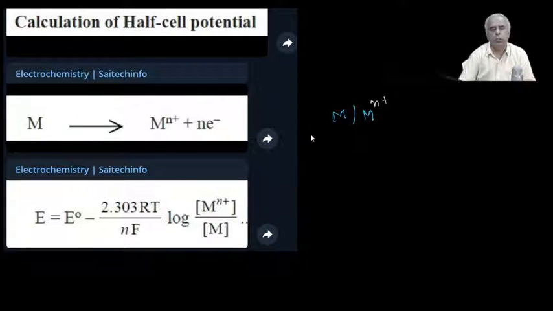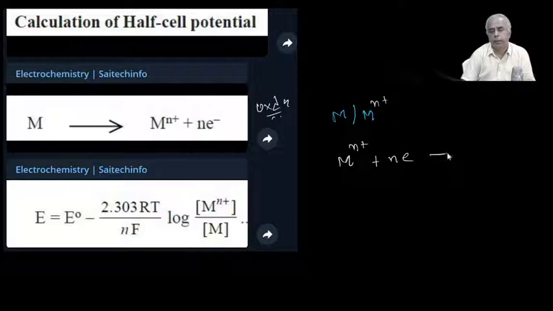It means a metal dipped in its electrolyte, so that it undergoes a reaction. And what type of reaction is this? De-electronation, that is oxidation. What about reduction? Reduction can be represented as M^n+ plus ne gives M, that's all.